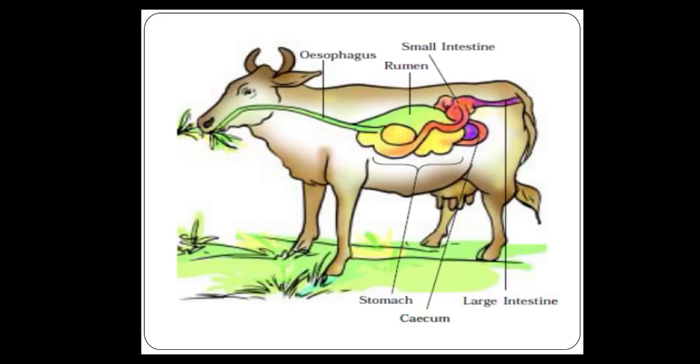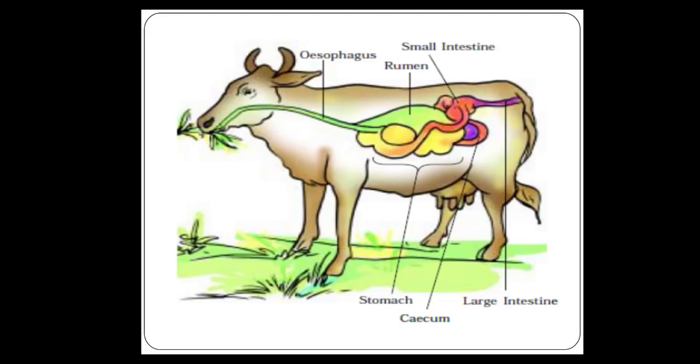So let's have a look at the picture of the grass eating animals. When these animals eat their food, they first swallow it quickly and through the esophagus this food goes to the rumen. Rumen, as I said, is a part of the stomach.